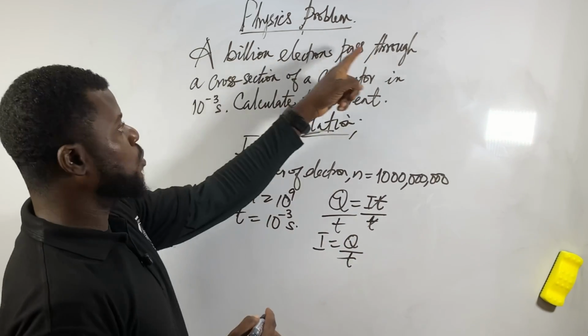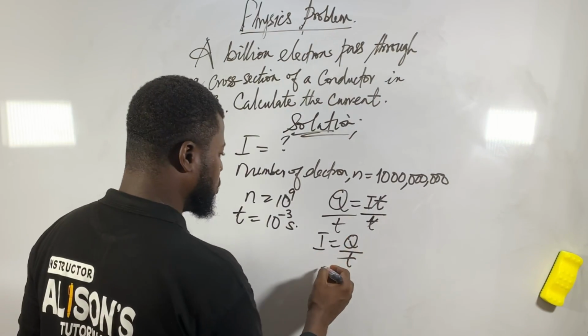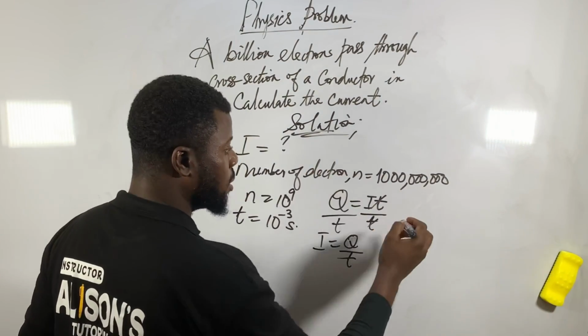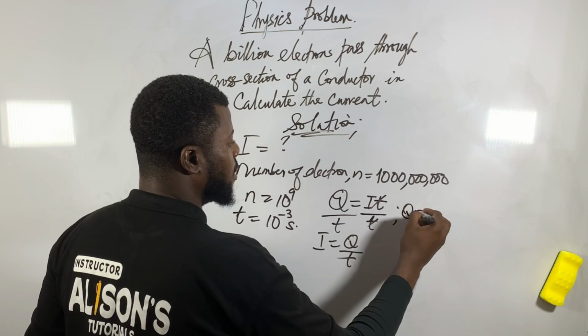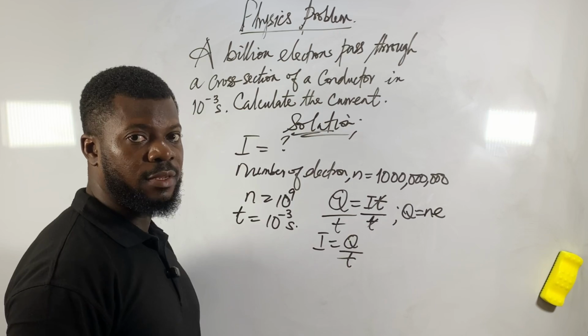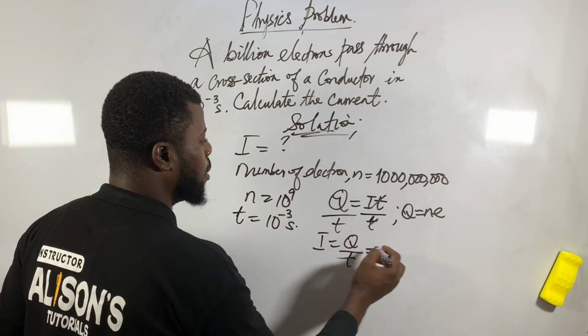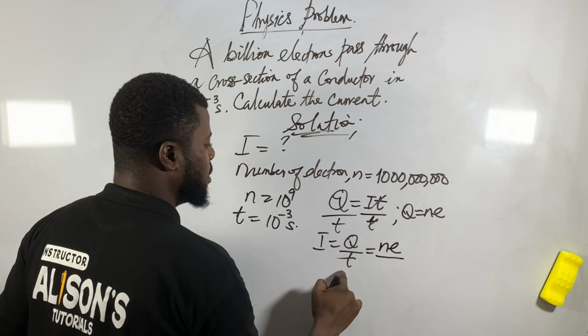They don't give us the quantity of charge here, but we know that this Q itself is equal to the number of electrons times the charge of the electron. So in place of Q, I'll put nE over the time.